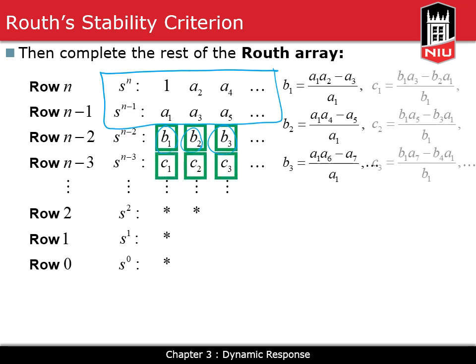Take a look at the next row, the C's. You can see the formulas for C1, C2, C3. They all have the terms from the two rows above that row. For example, C1 is B1 times A3 minus B2 times A1 divided by B1.